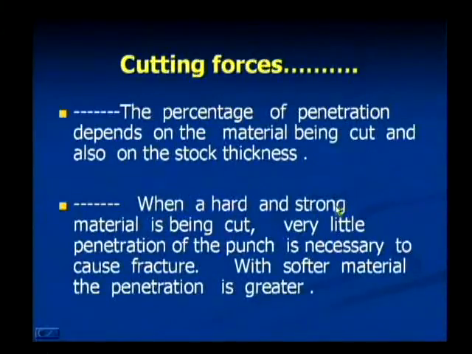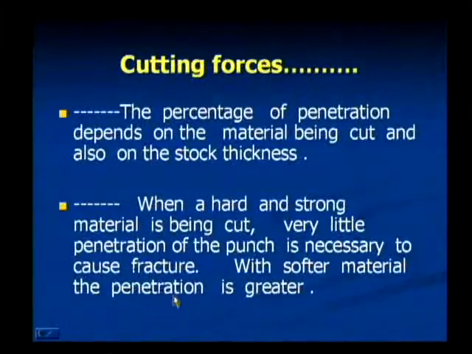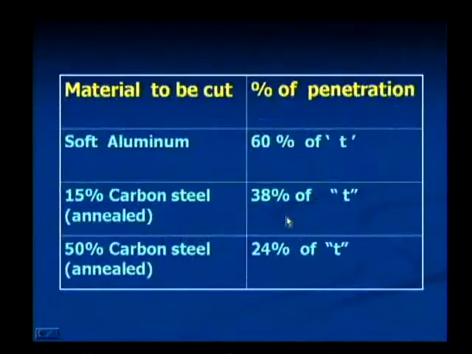When a hard and strong material is being cut, very little penetration of the punch is necessary to cause fracture. When hard materials such as hardened steel or high carbon steel are to be cut or sheared, the penetration required is less, whereas with softer material the penetration is greater.